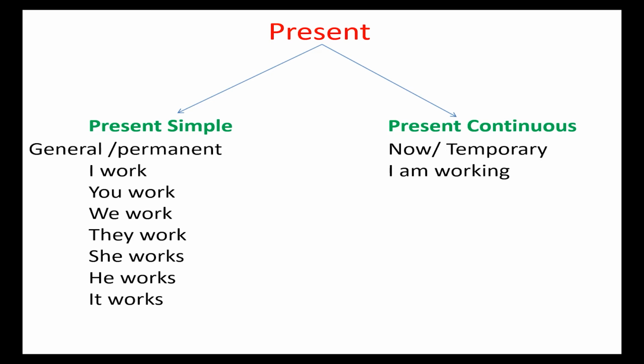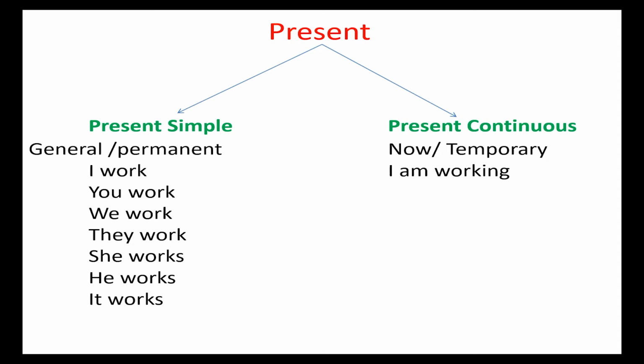Now let's see some more examples in present simple tense. First you can see the subject, and next words are all verbs. I work, you work, we work, they work. But for the next, you can see a little difference.